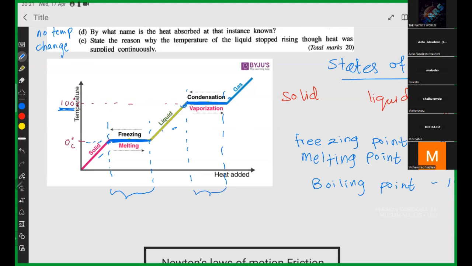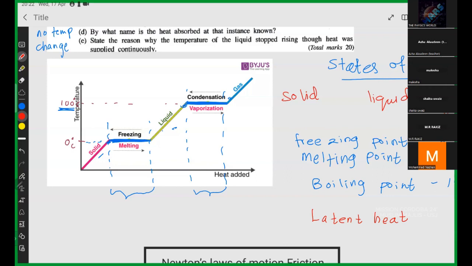No. So what happens here is that the moment solid is getting converted to liquid, heat is getting added. Heat is absorbed. You're providing more and more heat, but you cannot observe any temperature change. So that heat absorbed here is called latent heat.